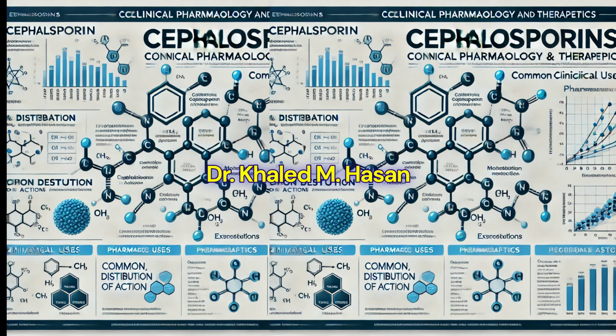That makes perfect sense. But one thing I always think about when we talk about antibiotics is this whole issue of antibiotic resistance. How does that fit into this picture of cephalosporins disrupting bacterial construction? Well, that's a great question, because bacteria are very adaptable, and they're constantly evolving.